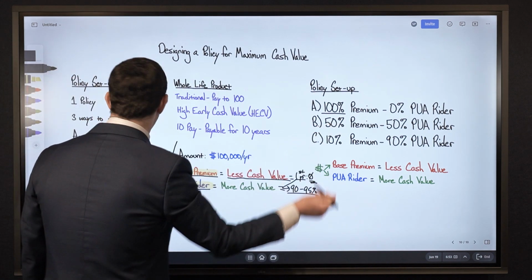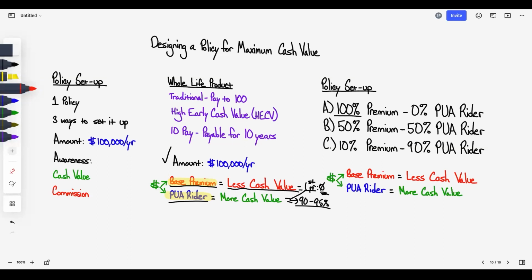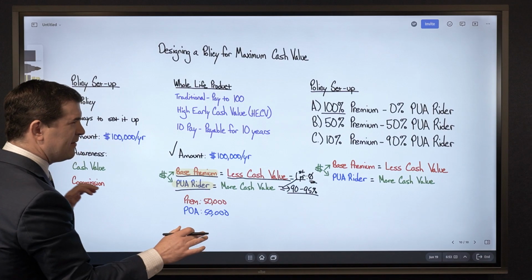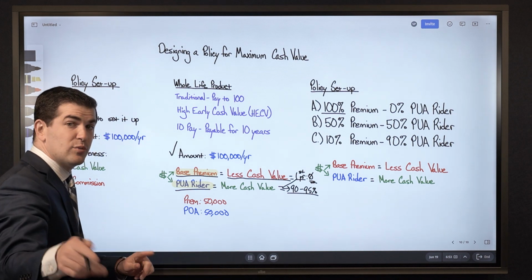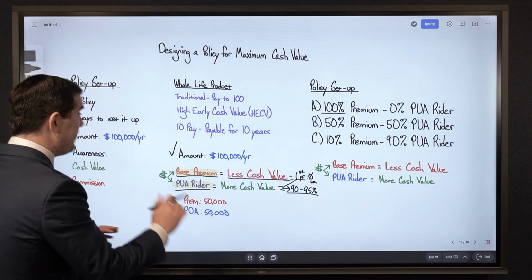If it's option B, what that means is of the premium, you would have how much? $50,000, and then how much toward your PUA rider? Well, 50% would be the other $50,000. And if it's a 10% premium, which is often about as low as you can go, especially with a lot of the major mutuals, some smaller companies allow you to go lower than that, by the way.